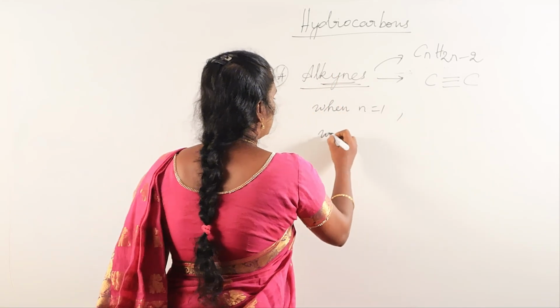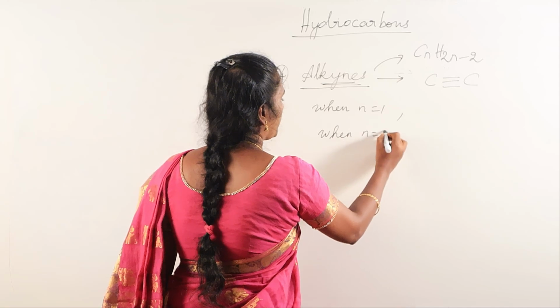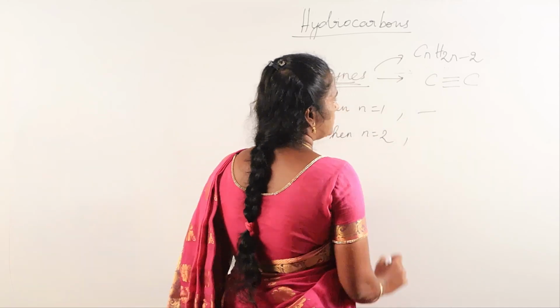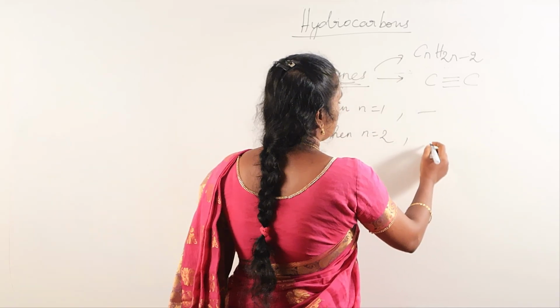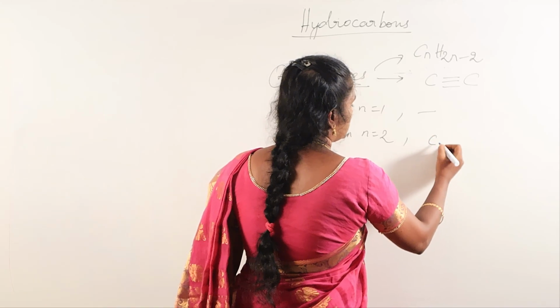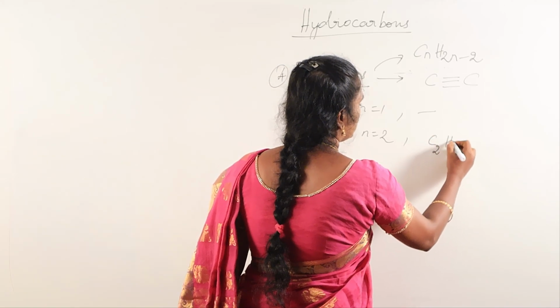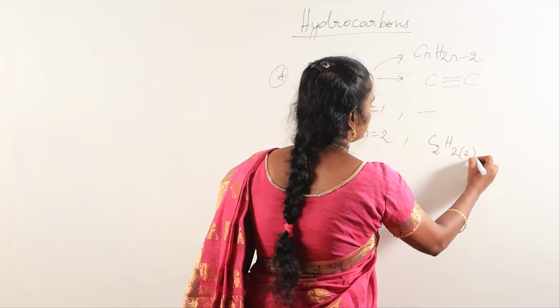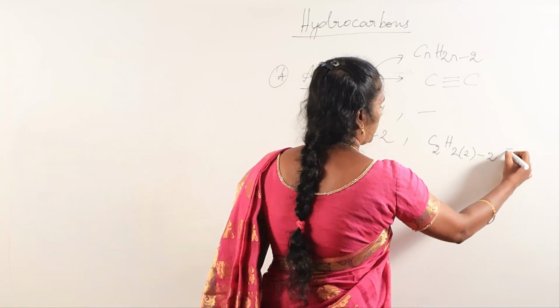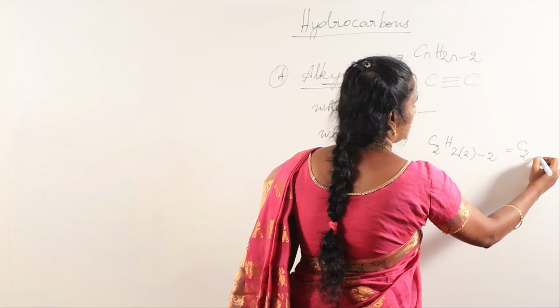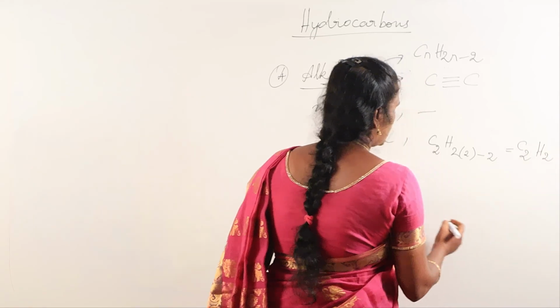When n is equal to 2, we get the structure for this alkyne, ethyne. So C2H(2×2-2), C2H2.